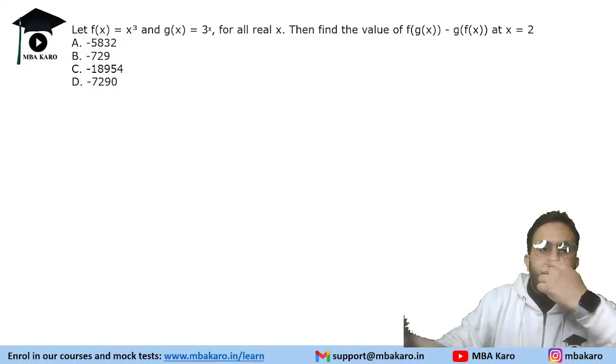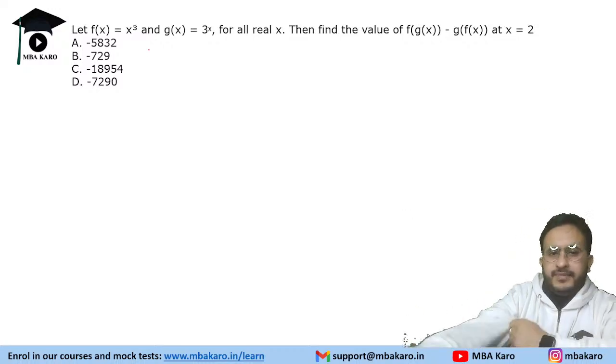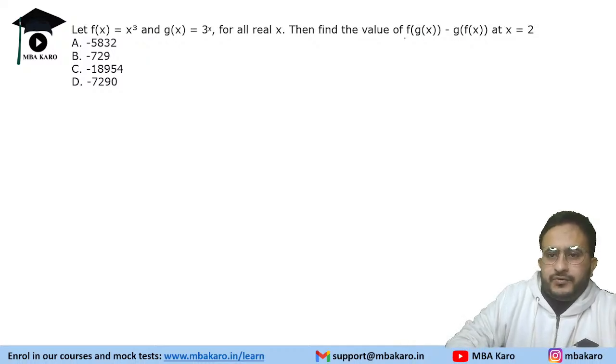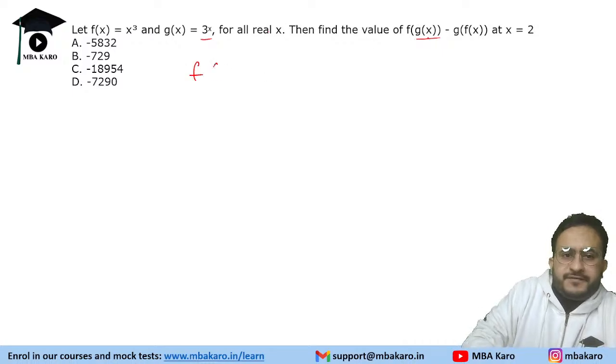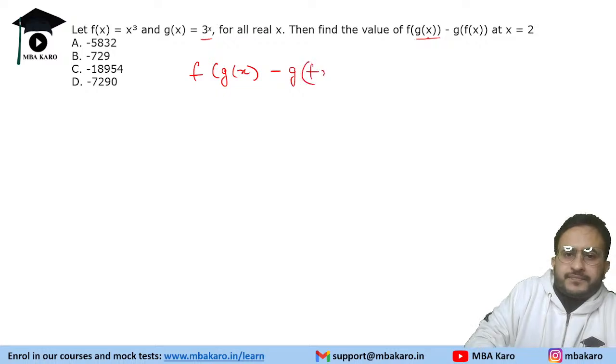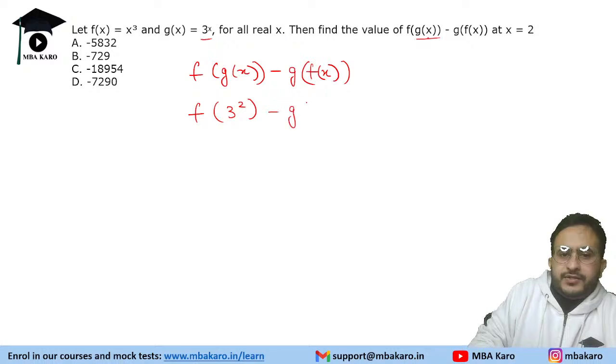Okay, so let's see this problem. You just have to put the values over here. g(x) is 3 to the power x. So f(g(x)) minus g(f(x)), that we need to calculate. g(x) is 3 raised to the power x, so it is f of 3 raised to the power 2, and f(x) is x cube, so 2 cube. So it is f of 9 minus g of 8.